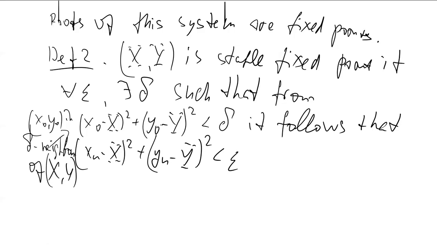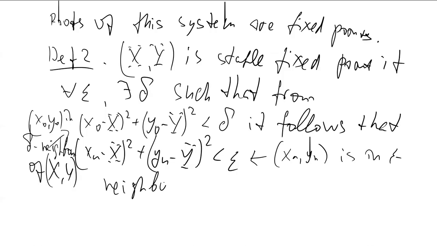So this is in fact the distance from x naught, y naught to X, Y. And this means that xn, yn is in an epsilon neighborhood of X capital, Y capital.